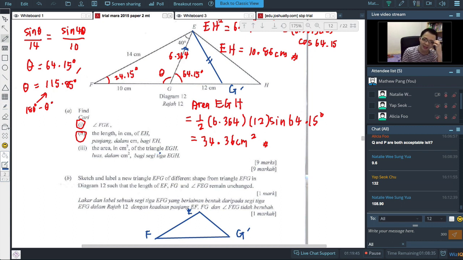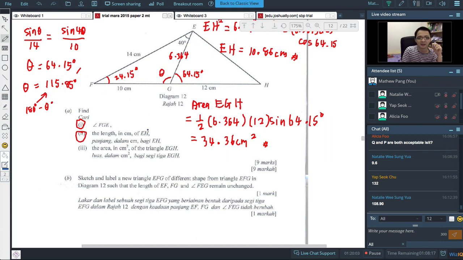Then I think I drew it wrong already. They say angle FEG remains unchanged. No, I taught the wrong thing again. Okay, never mind. Let me just correct it.